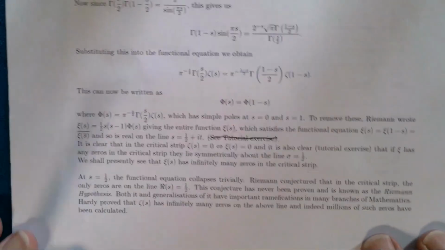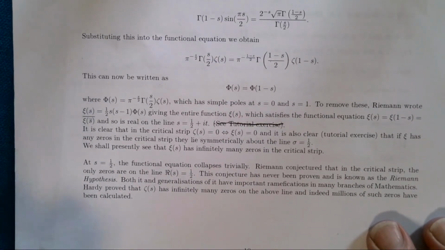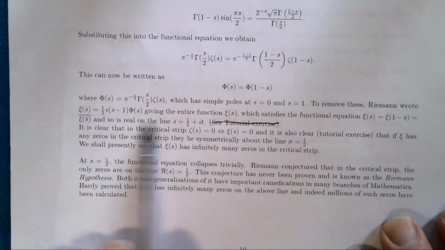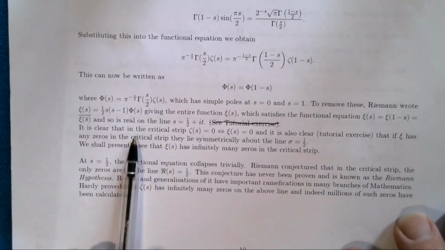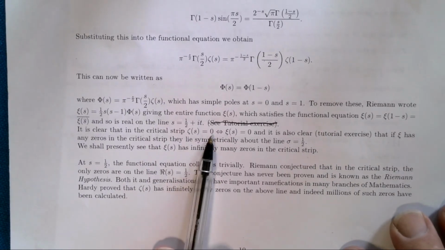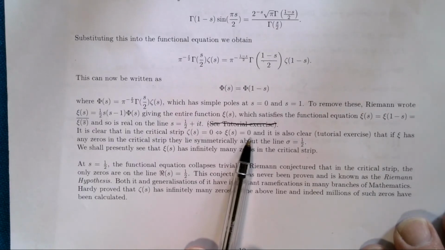So we're going to show that, I'll come back and show that this is real in a second. So it's clear then that in the critical strip, zeta of s is 0 if and only if psi of s is 0, which is not very hard to see.